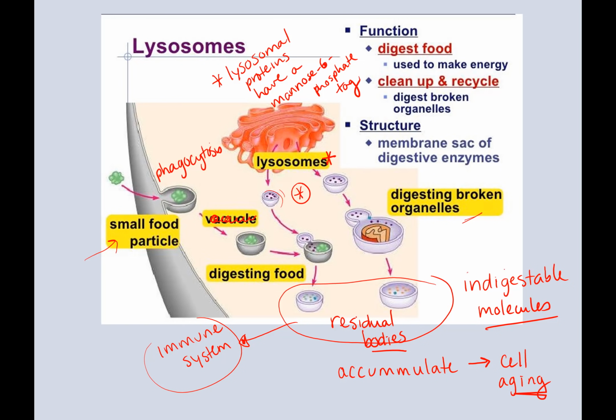You need to make some T cells to respond to it, or you need to make some antibodies to respond to it, because when you see this again, you need to tag it and destroy it. So this is especially in your white blood cells that have taken in, say, a bacterial cell, and they've broken it down as much as they can, recycled what they could, and then the residual body is actually used to present these little pieces that are left over to the immune system to help train the immune system on what is foreign.